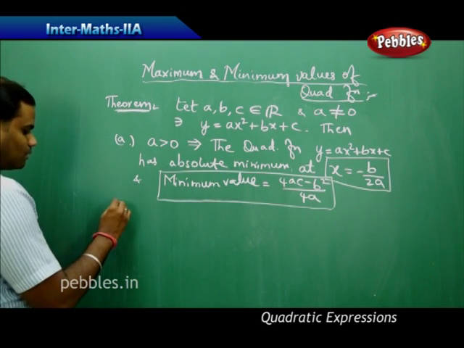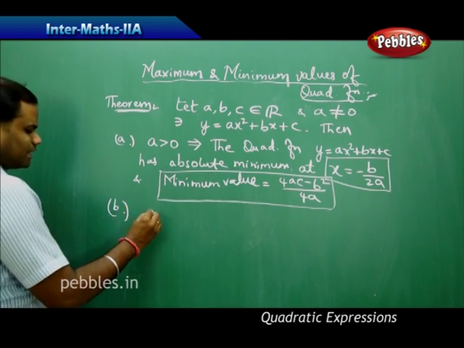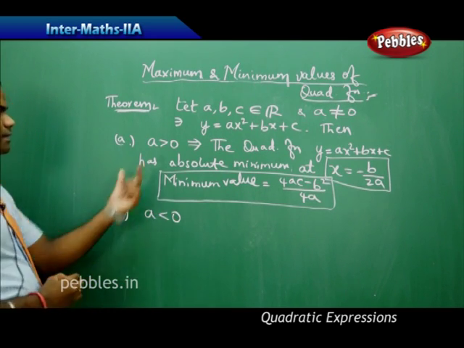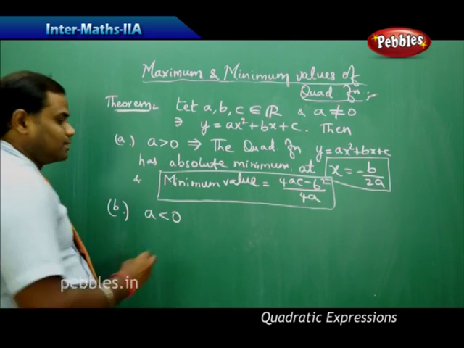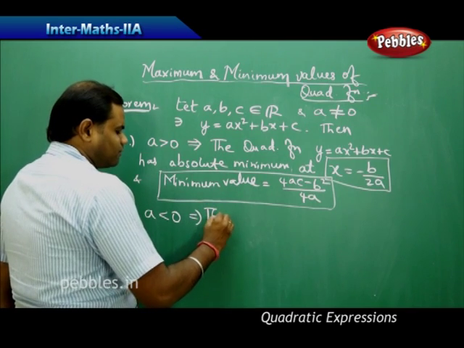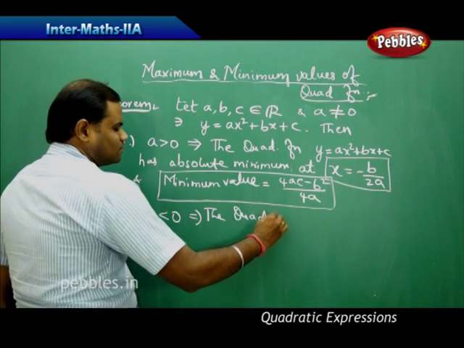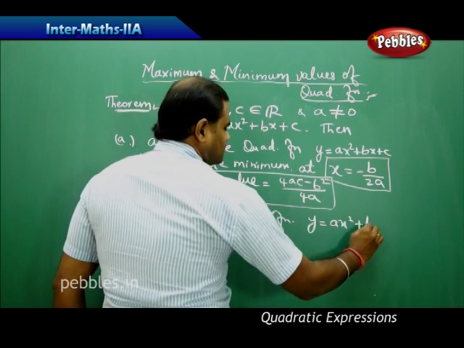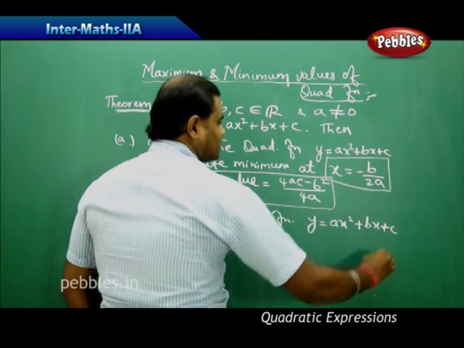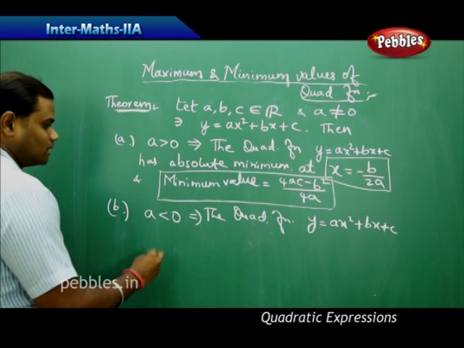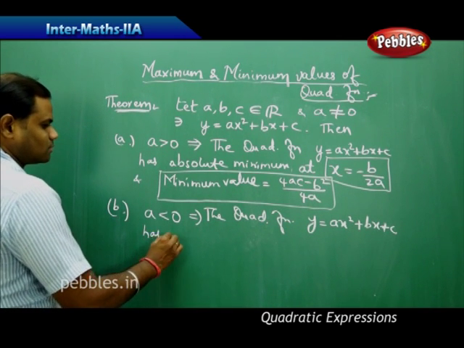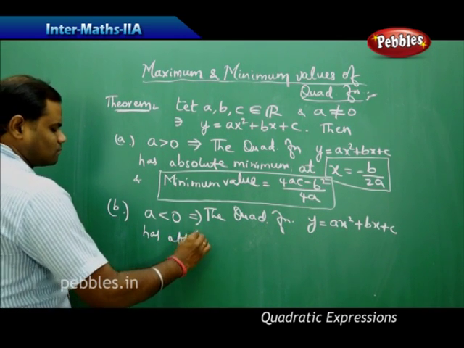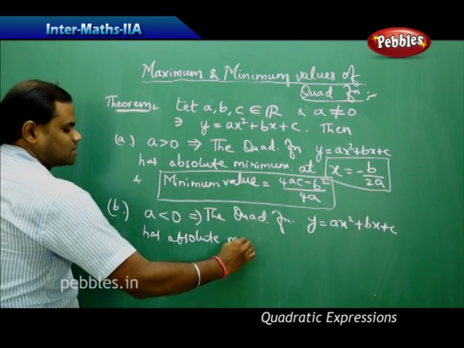Similarly, part B has to be proved by stating that if a is negative, that is, if a is less than 0, that implies the quadratic function y equals ax squared plus bx plus c, as taken in the previous case, has an absolute maximum.